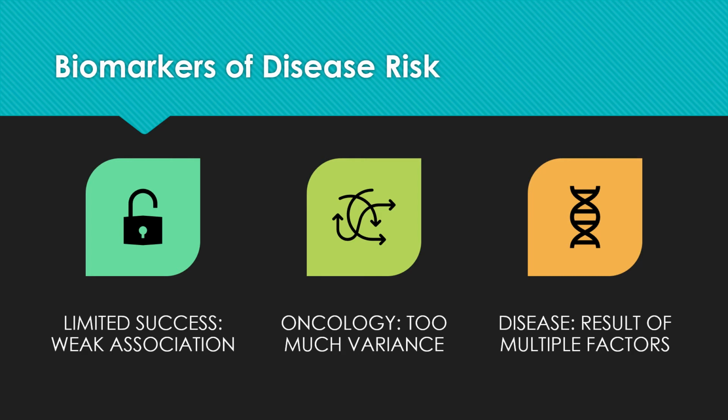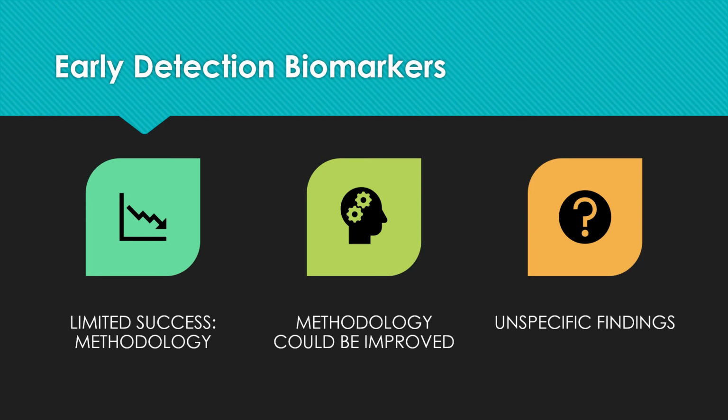show disease risk. Next up, Simon speaks about early detection biomarkers, as an early detection of a disease can lead to a much better prognosis. He reports limited success here as well due to the methodology used by current medical science. He also says that the methodology could be improved, and although he does find a solution, since I am not a health major, that part of the article sort of flew over my head.